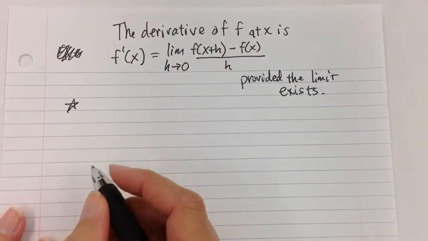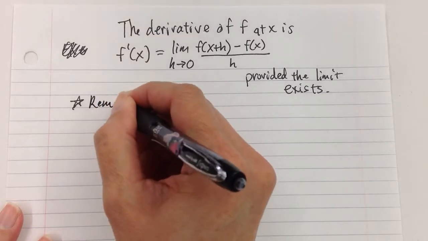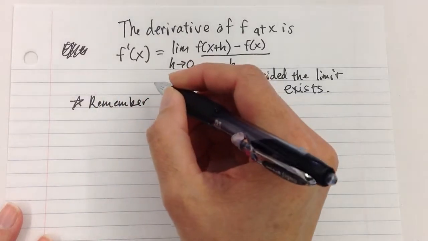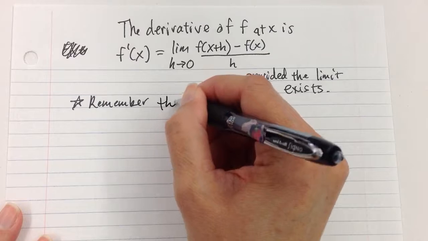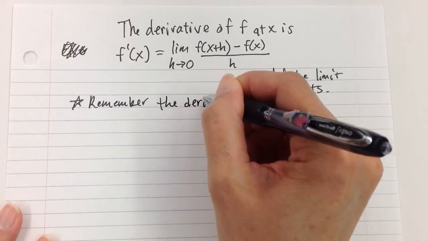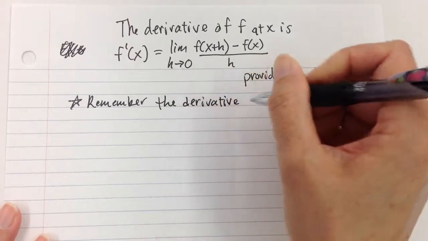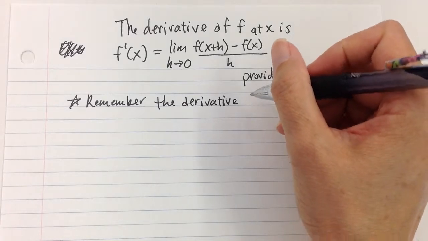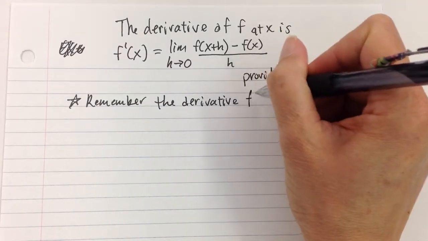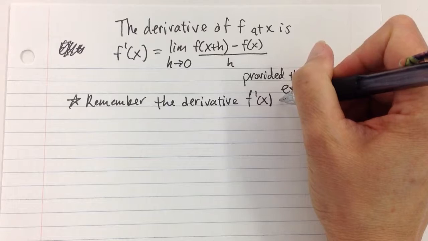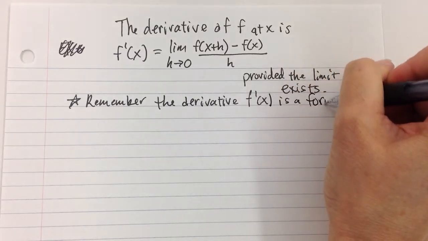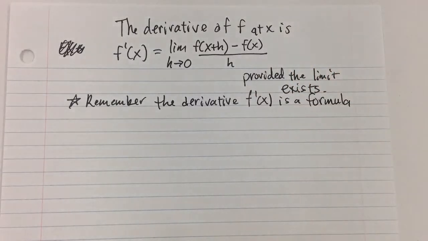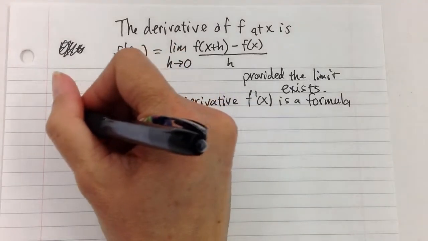I'm going to make you copy the sentence underneath there. Remember that the derivative f prime of x is a formula for the slope of a tangent line.